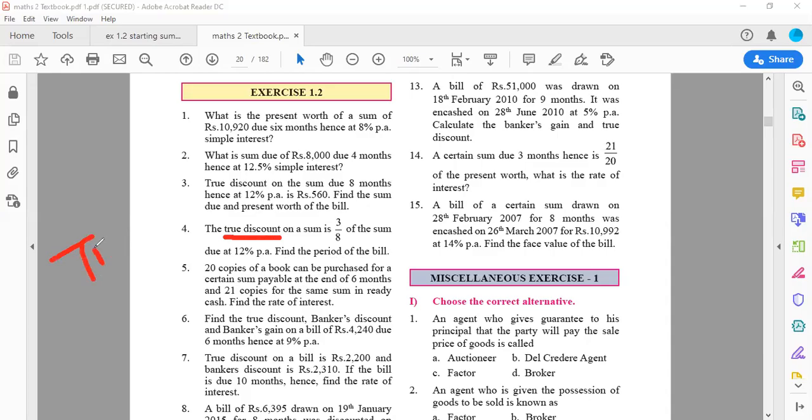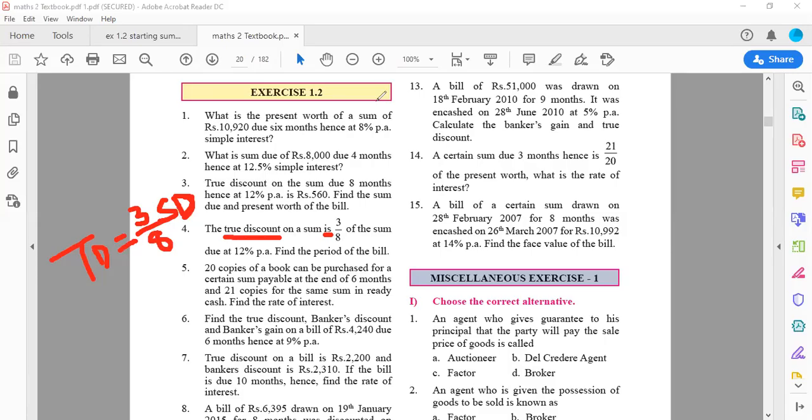So true discount stands for TD. Is equal to 3/8 of sum due. That means 3/8 sum due. So for sum due I can write SD over here. So followed, how did I gain the value of TD over here? TD is equal to 3/8 SD.